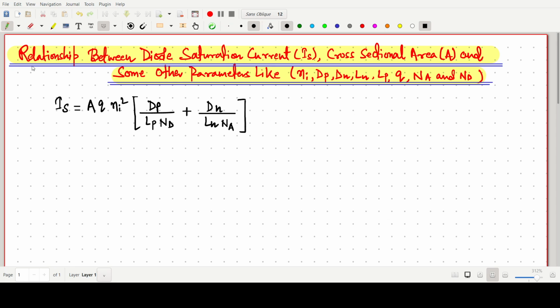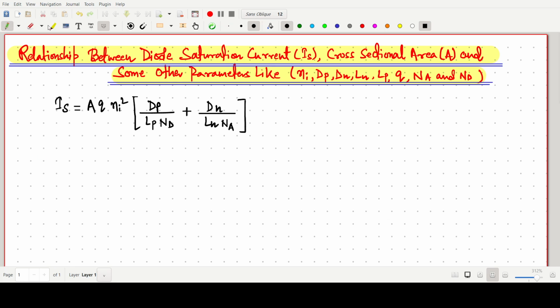So I have already written a very important relationship between the saturation current and the cross-sectional area A, electronic charge Q, Ni squared, that is our intrinsic carrier concentration squared, then Dp by Lp Nd plus Dn by Ln Na. I have taken this formula from the Sedra and Smith book, Microelectronic Circuits. It is very important, so that's why I have focused only on the equation.